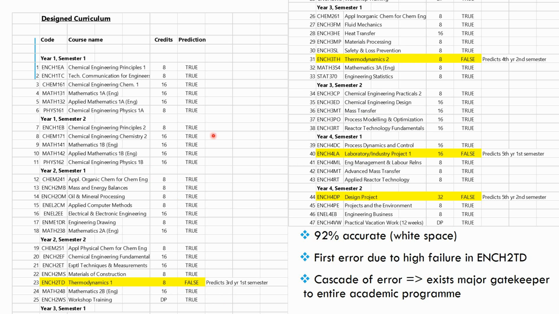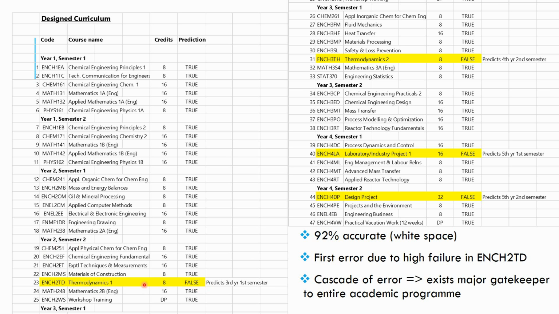So if you look at these 4 errors in this prediction, and try to examine the reason for incorrectly predicting this course, you'll find that the system is predicting this course should be in the third year, first semester, whereas it actually occurs in the second year, second semester. And the reason for this is that there was this extreme high failure rate in this course. So because this course had such a high fail rate, the majority of students were only passing in the third year.